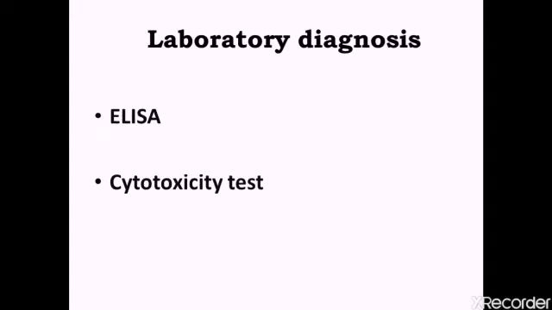The second one is the cytotoxicity test. Human cells in culture are exposed to the exotoxin in stool filtrate, and death of cells is observed. It is a more sensitive test, but it is time consuming.